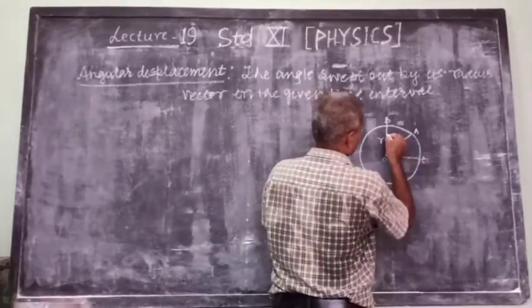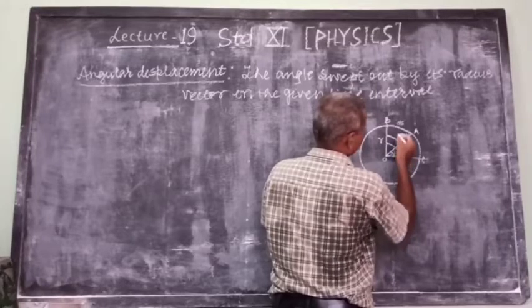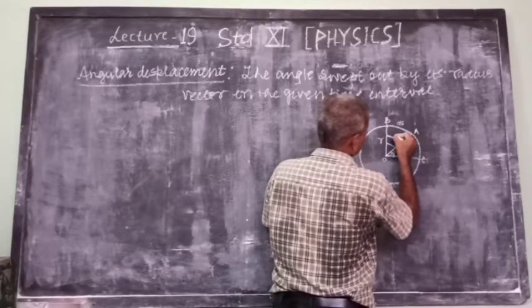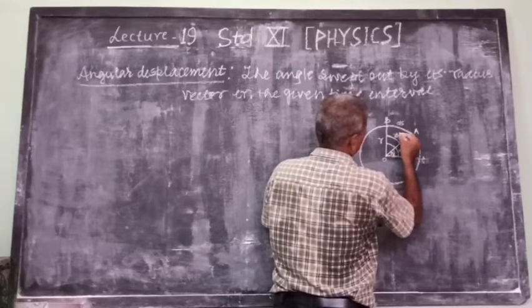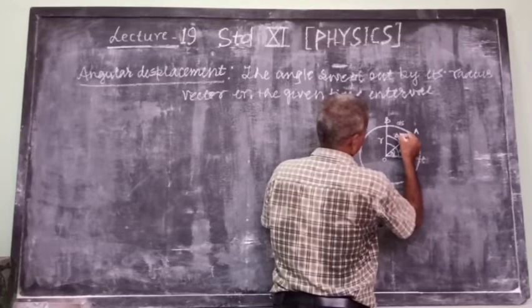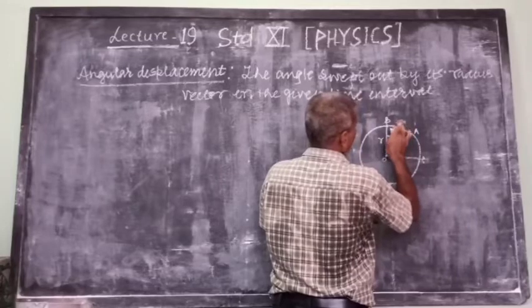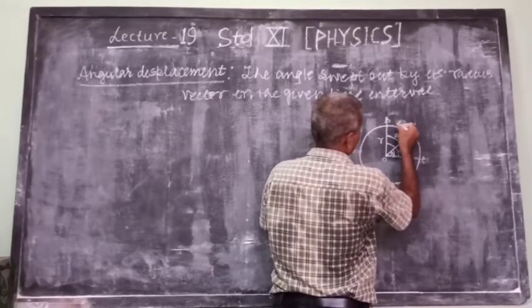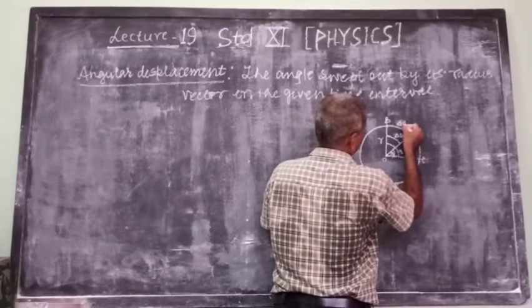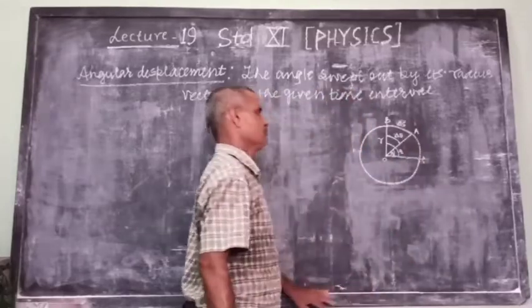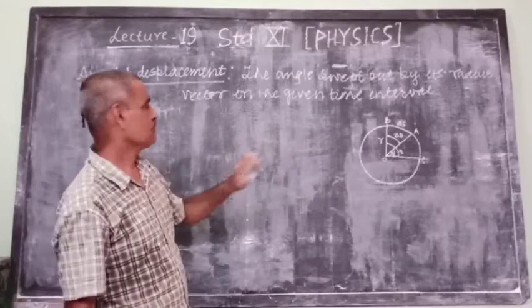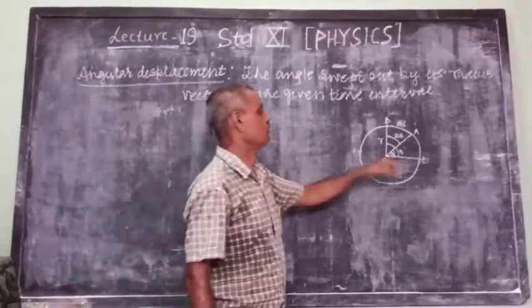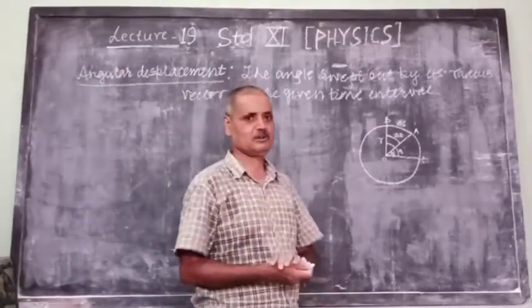Suppose this is your delta theta. Delta theta means change in the value of theta. This can also be written as delta s, if you desire. This is the diagram. First of all, we will know about angular displacement.